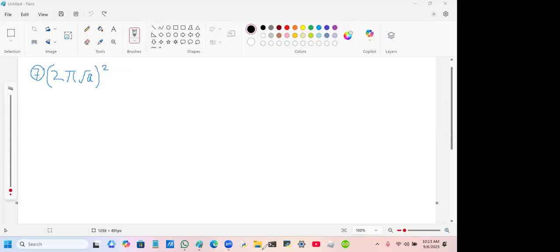Okay, but I'm not done. Now, the next thing you're supposed to do is to ask yourself, what is the power of each of them inside? As far as I'm concerned, there are 3 items here. The first item is the number 2, and it is multiplying by another number, pi. You know that pi is 22 over 7, right?